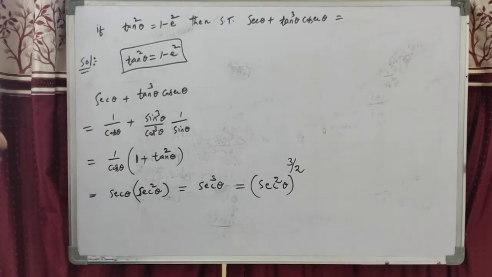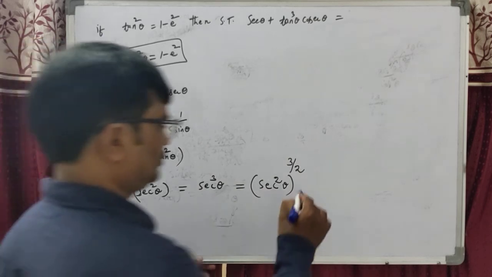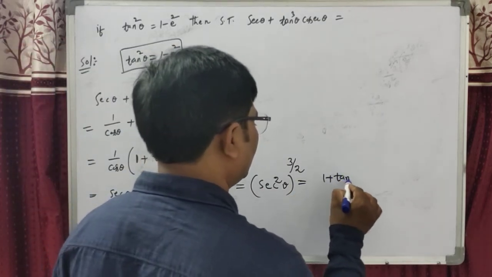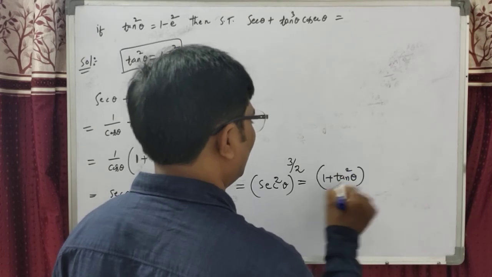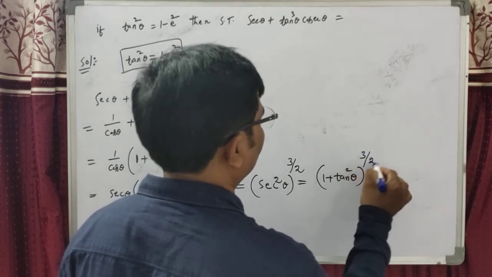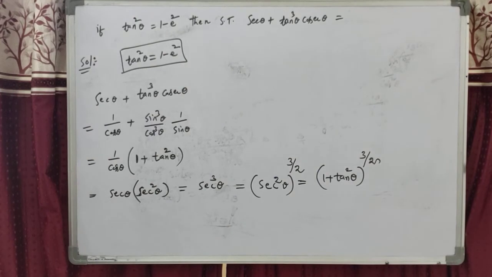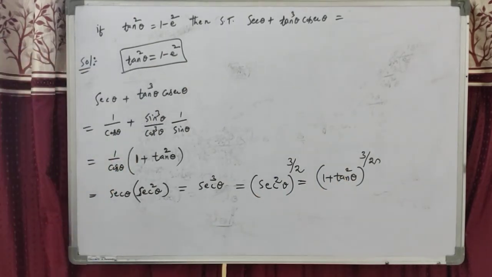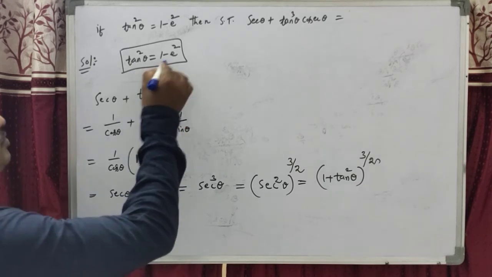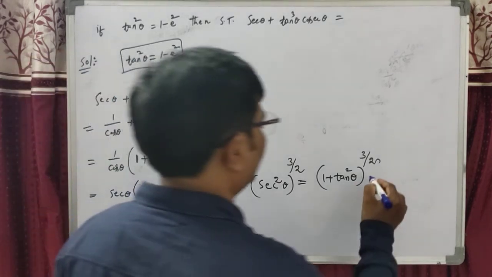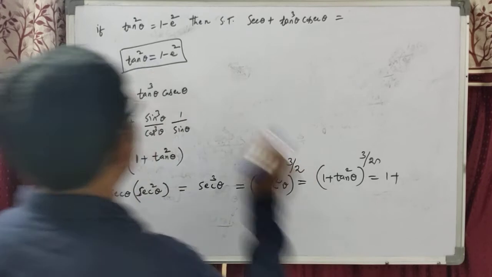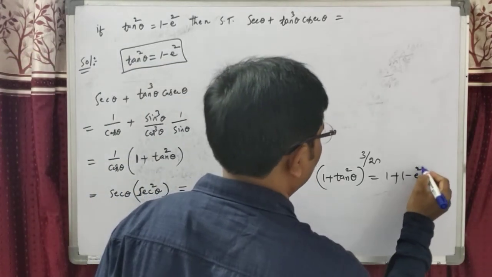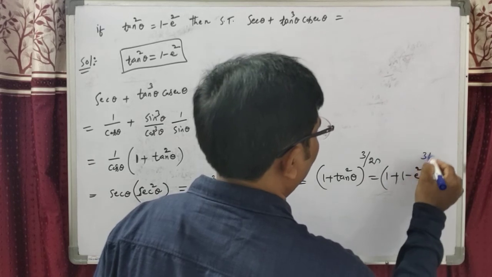Dear students, secant square theta, we know, is 1 plus tan square theta, whole power 3 by 2. The value of tan square theta is 1 minus e square, so we can write 1 plus 1 minus e square, whole power 3 by 2.